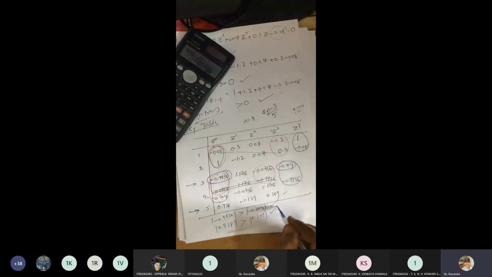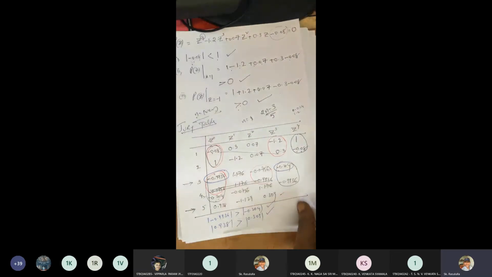So it is also satisfied. When the conditions are satisfied, you can conclude that the system is stable. We formed the jury table and checked the coefficients against the given condition. Once they are satisfied, the system is stable.